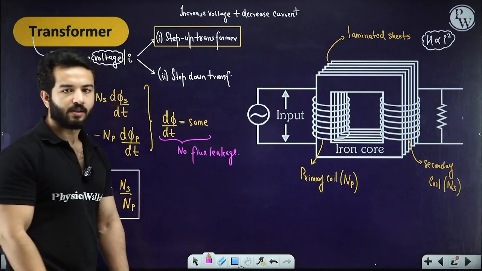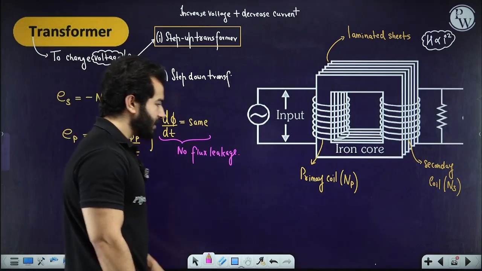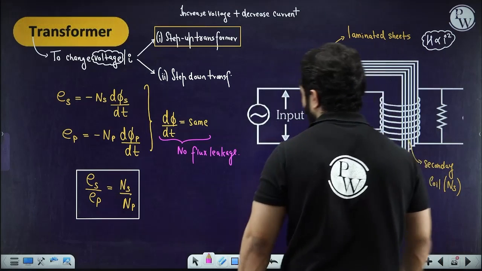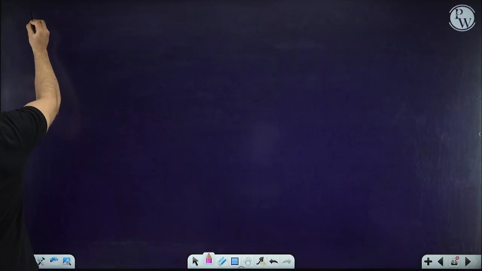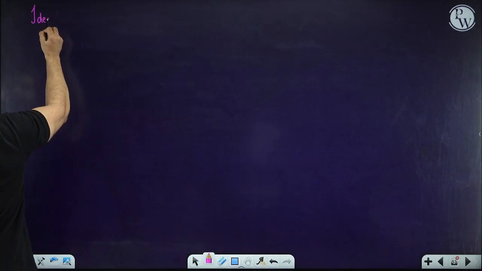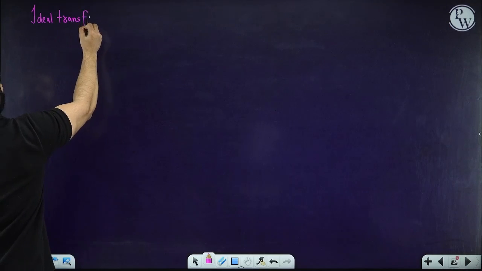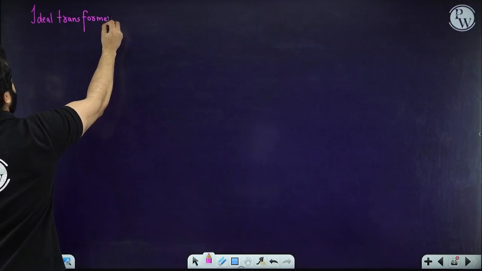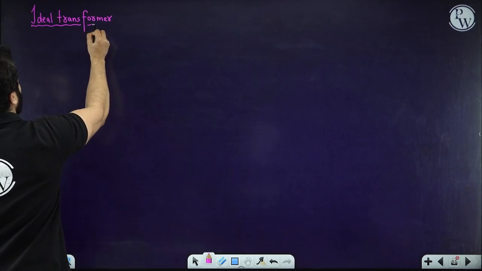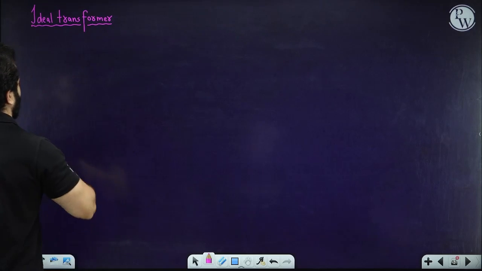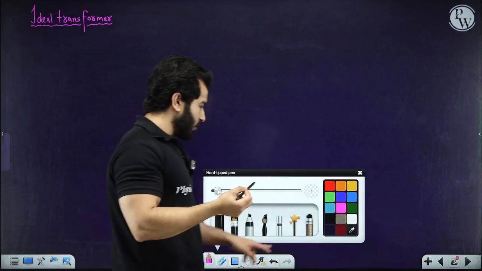This is possible, right? What is not possible is that if we are talking about an ideal transformer, ideal transformer basically means that you are neglecting all the losses. And if you are neglecting all the other losses, what does it mean?